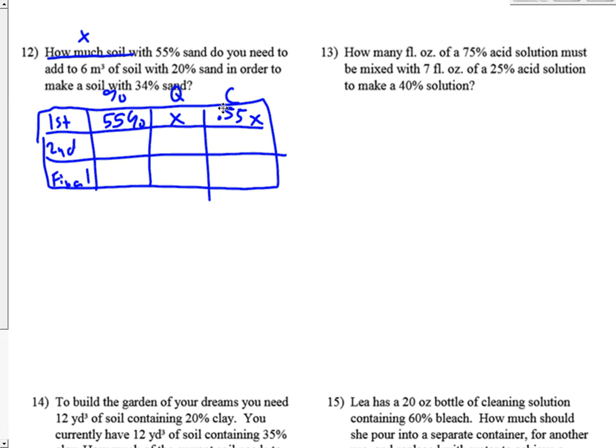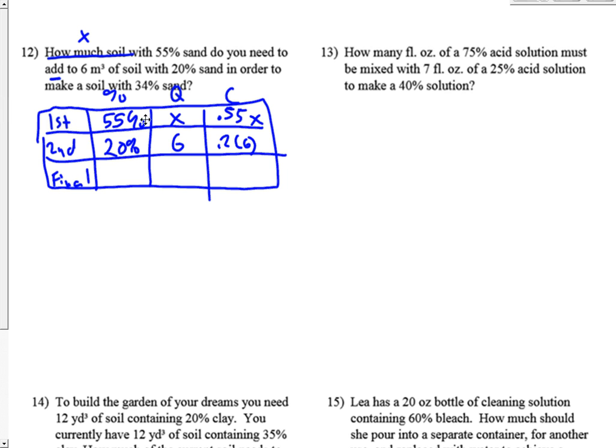So that's going to be 0.55x. We're going to mix that, or add, 6 cubic meters of soil that has 20% sand. So 20% sand, and that's 6 cubic meters. So that's 0.2 times 6.